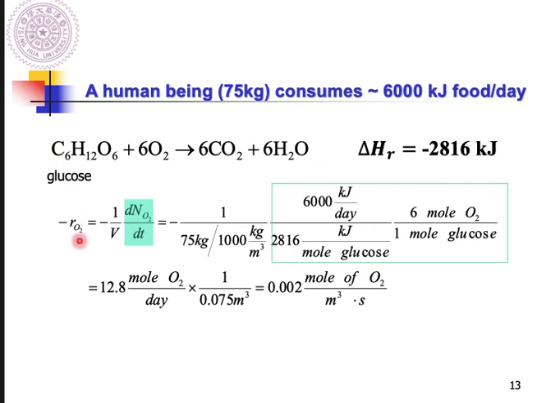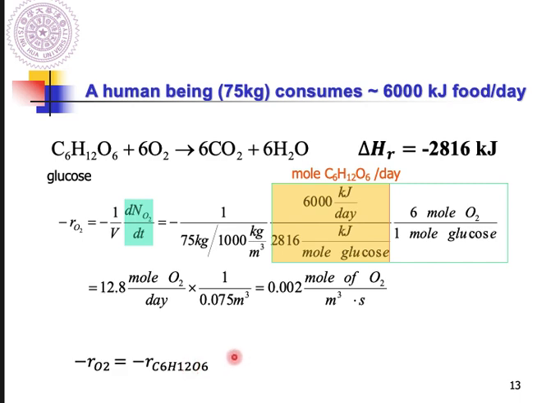But on the other hand, you can also use the consumption rate of glucose to represent the reaction rate for this chemical equation. So my question would be, the consumption rate of oxygen equals the consumption rate of glucose times what? What's the relationship between the consumption rate of oxygen and the consumption rate of glucose?